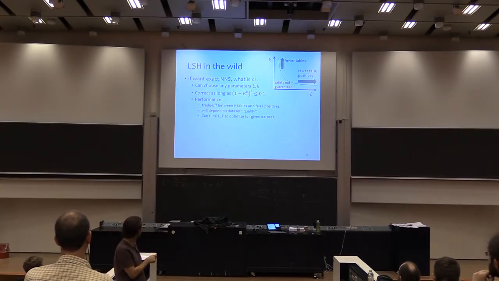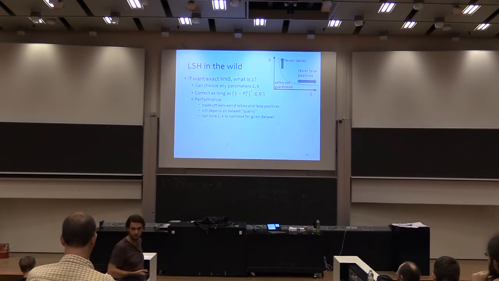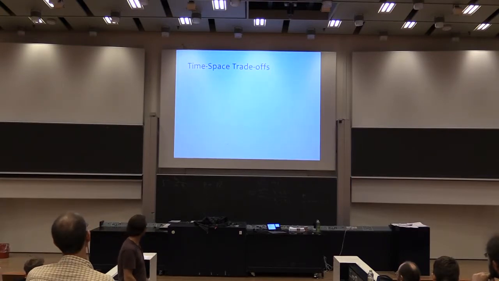If you choose L to be small, then you'll have fewer hash tables, but then you'll probably have more false positives. Okay, and one thing you can do is look at a particular data set and try to optimize this K and L for that particular data set.